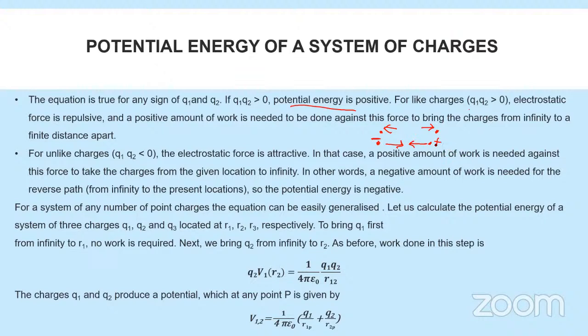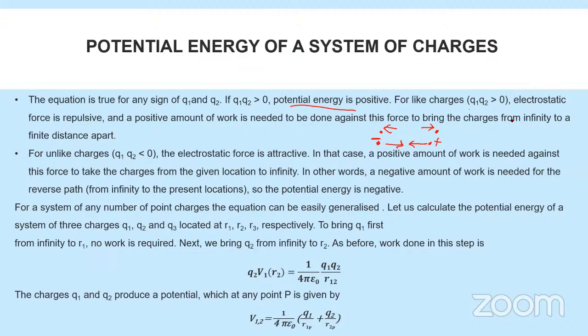Any work that you do in getting these charges to move away from each other, to take this charge away to infinity, the external force you use is going to be in the opposite direction, and that is why the work done to remove this charge from this point and bring it to infinity is going to be positive.